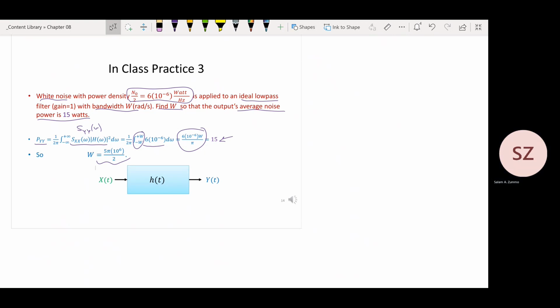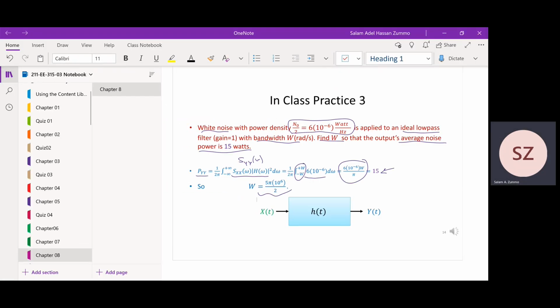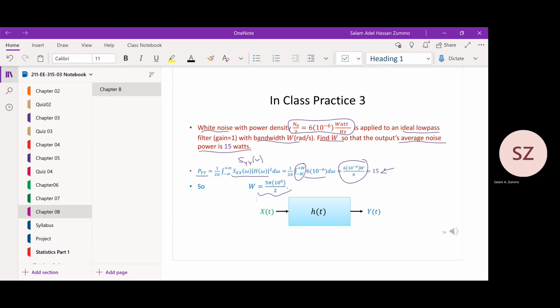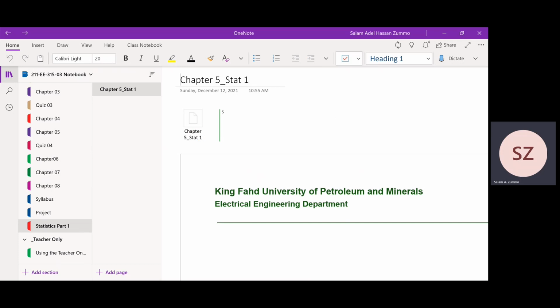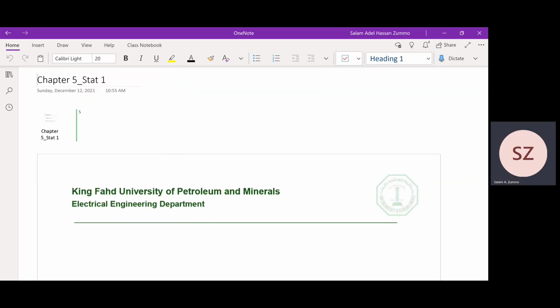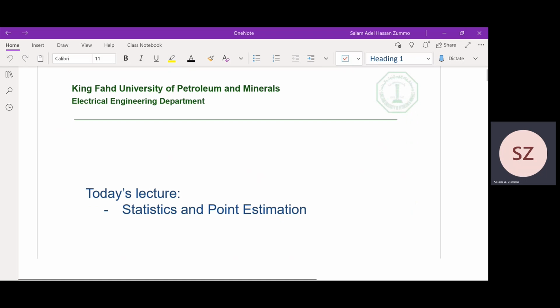So now, if we try to summarize what we have done in the random processes. In chapter 1, we introduced the concept of probability with counting principles, how to count, how to find the probabilities, and what the axioms of probability are.